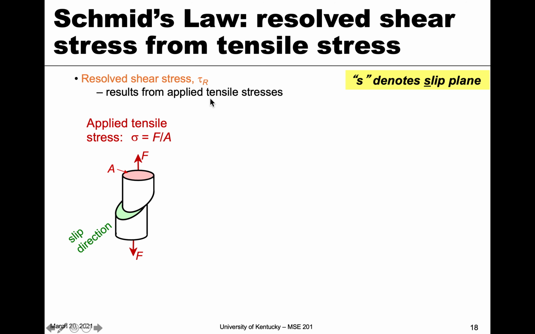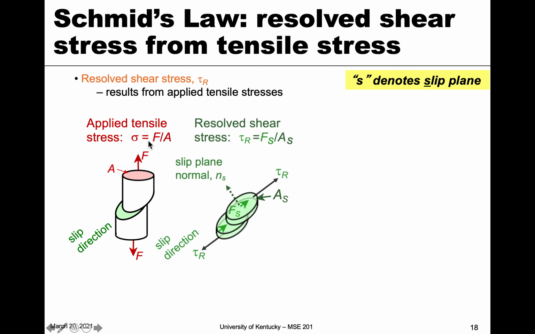And we will look at what happens in the shear stress, so tau R, from the resulting tensile stress. So to get this resolved shear stress, we need the force in the slip plane, right? So that's the shear force divided by the area of that slip plane. And that gives us the resolved shear stress.